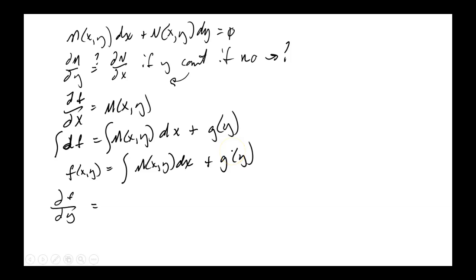So, all I can do for this is write it as the partial with respect to y of the integral of M(x,y) dx, plus g prime of y. g has no x's in it, so it's just a derivative with respect to y.